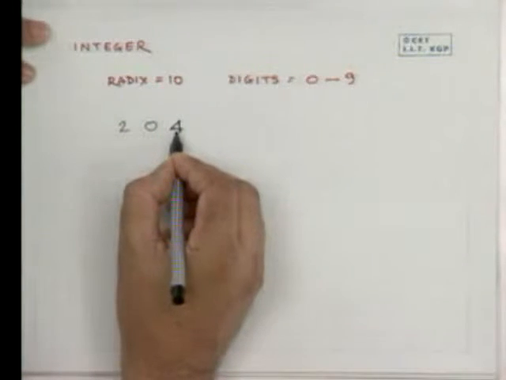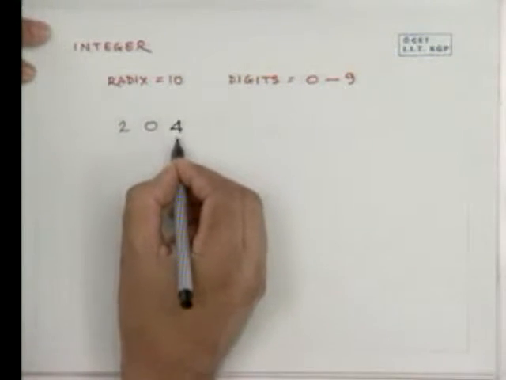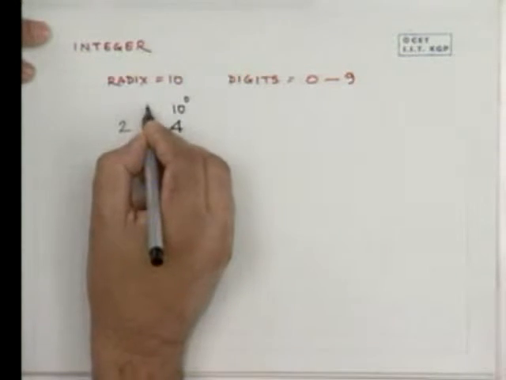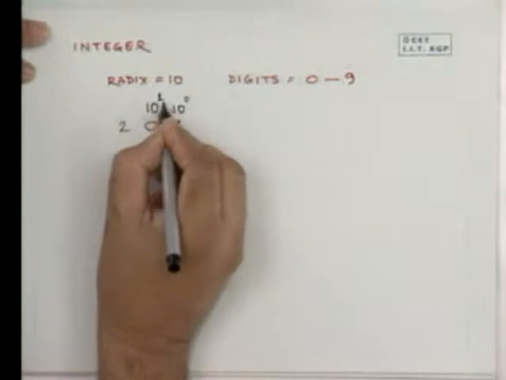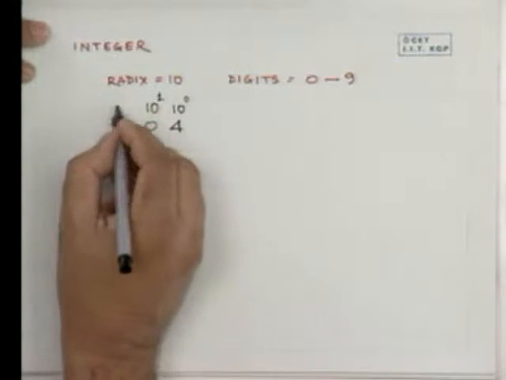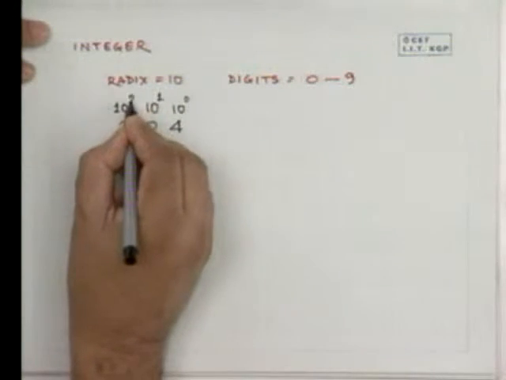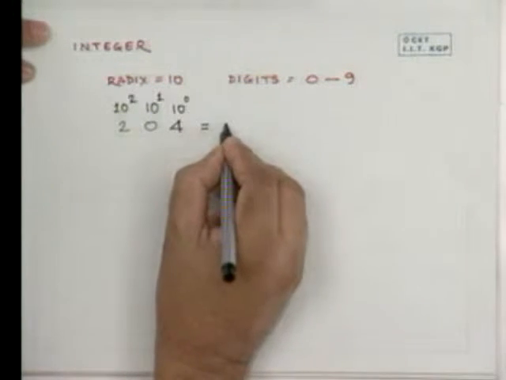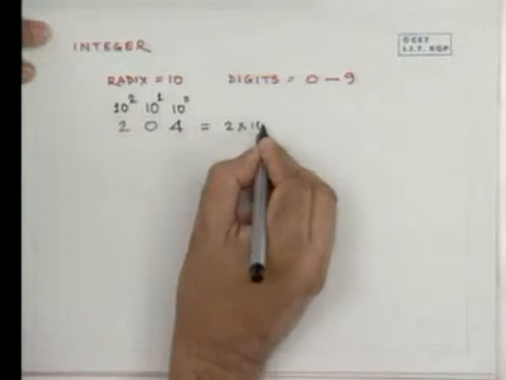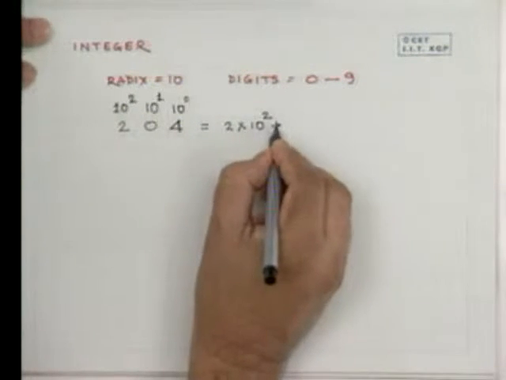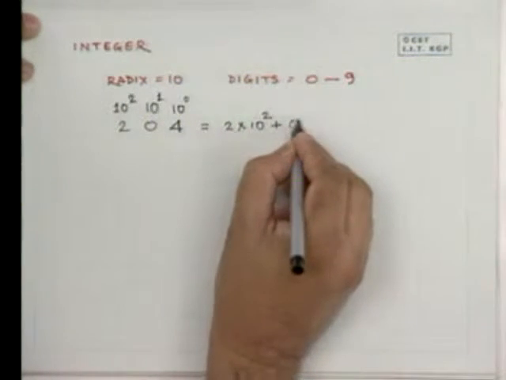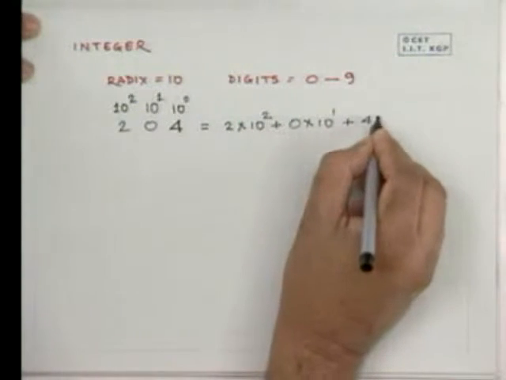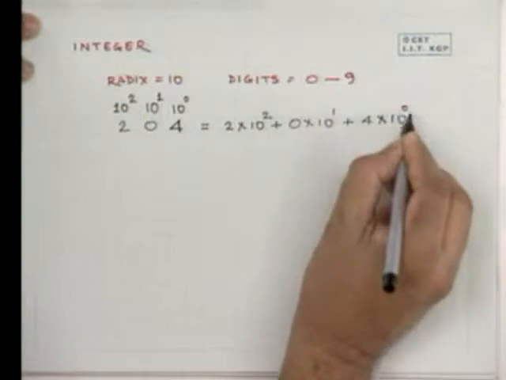The zeroth digit position has a weight of 10 to the power 0. The first digit position has a weight of 10 to the power 1, and this has a weight of 10 to the power 2. And this number therefore is 2 into 10 to the power 2 plus 0 into 10 to the power 1 plus 4 into 10 to the power 0.